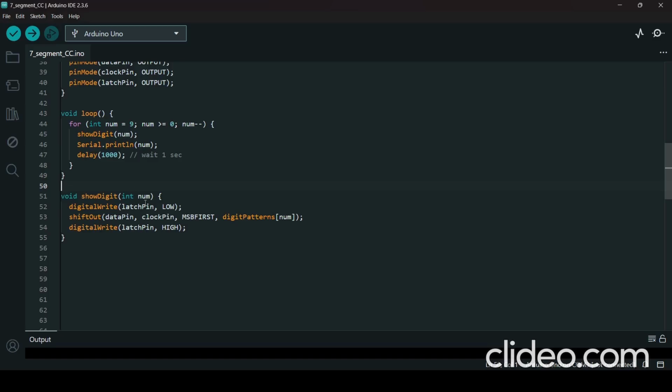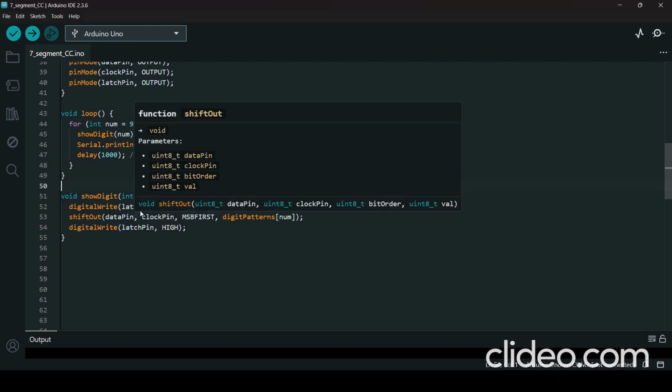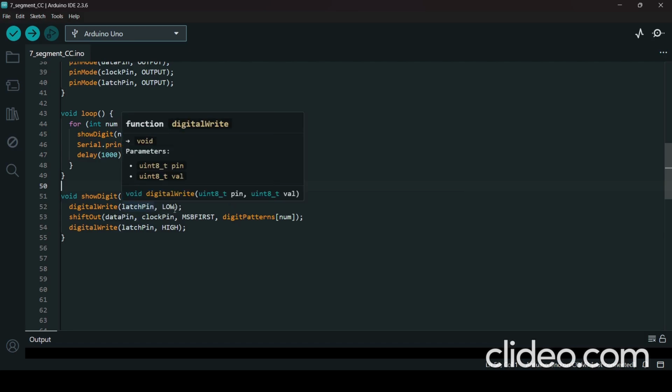So in this I am defining 3 lines. The first one is digitalWrite. I am using the low signal on the latch pin. So this line tells the IC, that means 74HC595, to stay in low position while the Arduino is sending the bits into it, right? And this shiftOut function is the Arduino's built-in function, which sends the 8 bits into the IC serially, one by one.